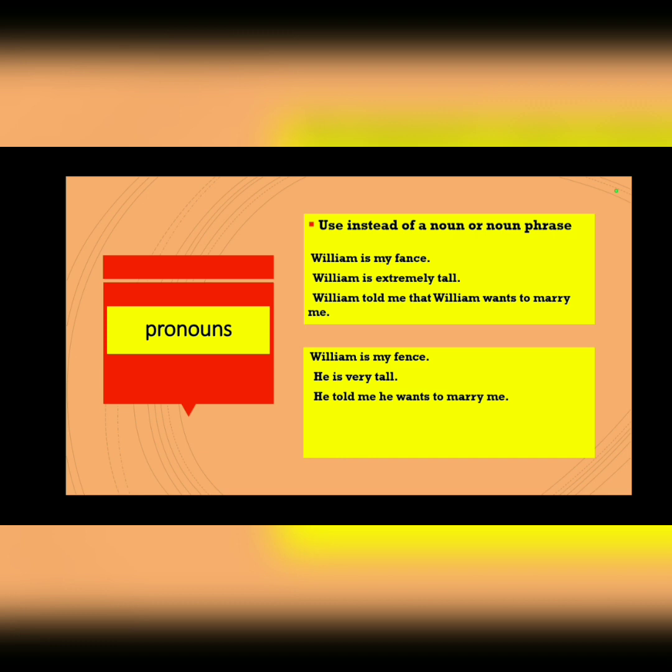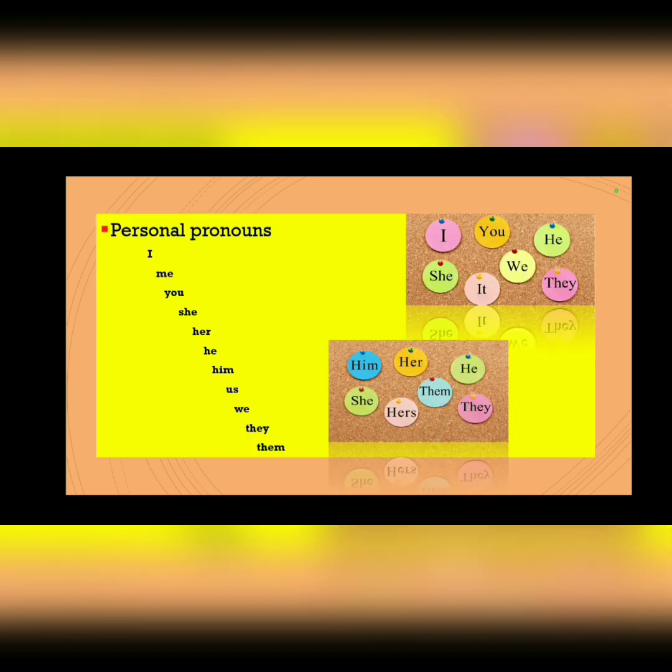Now there are quite a few different types of pronouns, and some pronouns are found in more than one category. I will present you with some of the most common. We have the personal pronouns: I, me, you, she, her, he, him, we, they, them.